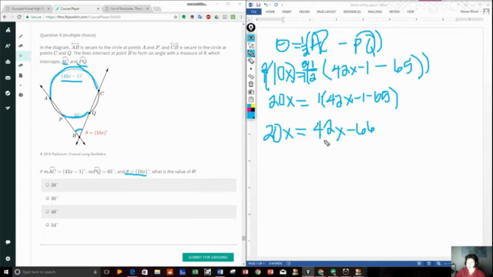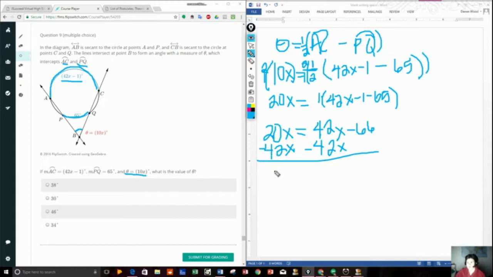Then I'm going to combine all of the like terms, and I'm going to subtract 42x from both sides, because since there wasn't a symbol in front of the 42, it's assumed to be positive.